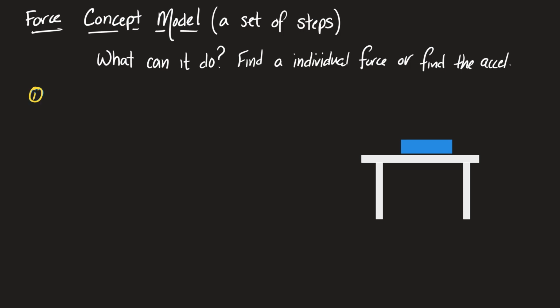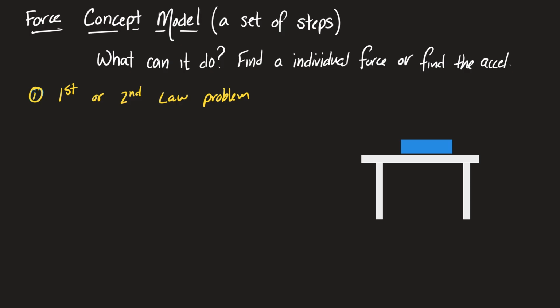I want you to start by asking if it's a first or second law problem. This is the first step in any of your force concept model questions. Is it a first or second law problem? So you have to make that decision before you go any further. And there are parameters here, but they're not that hard.